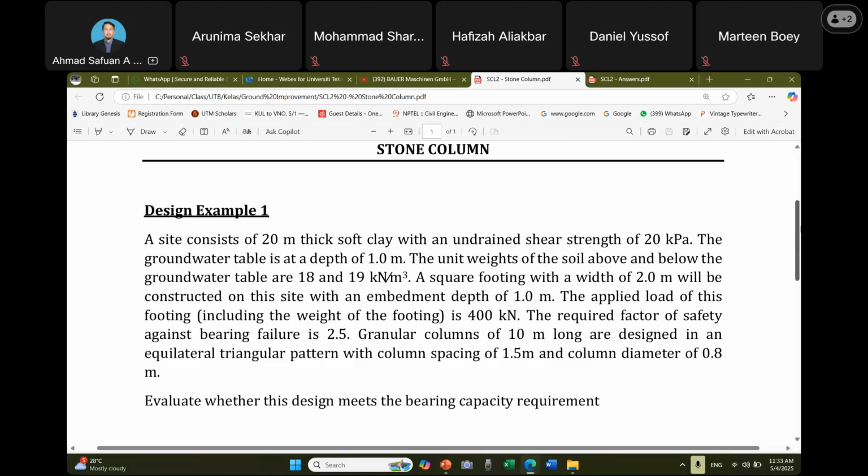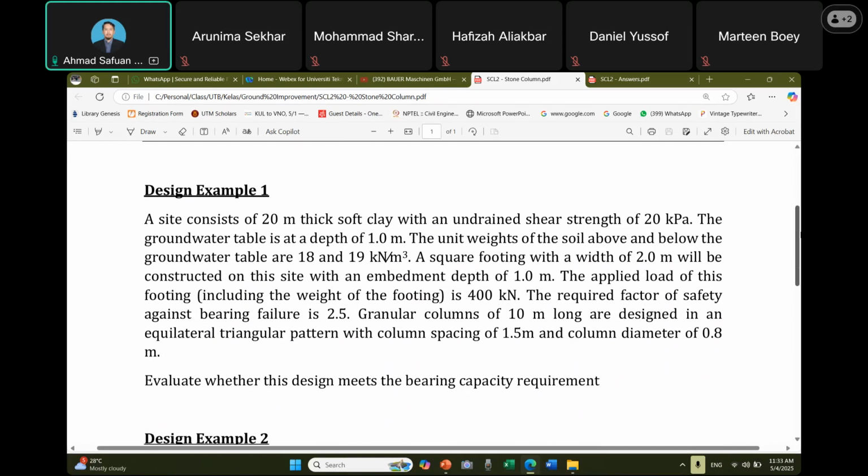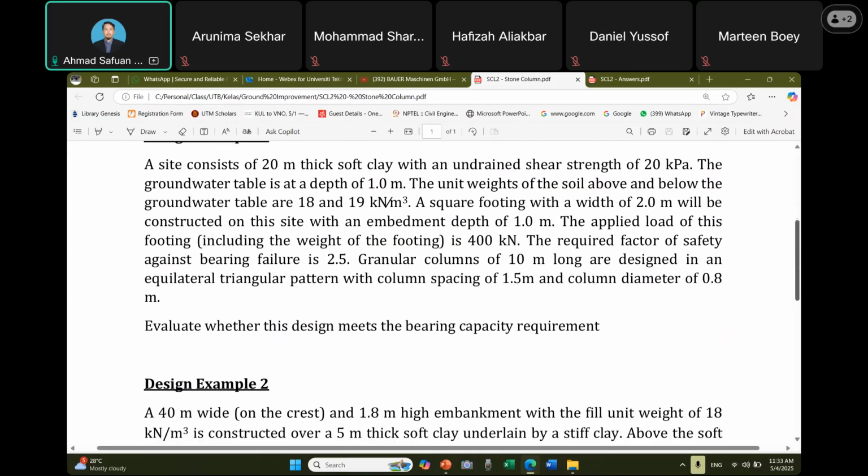Evaluate whether the design meets the bearing capacity requirement. So that is design example 1.